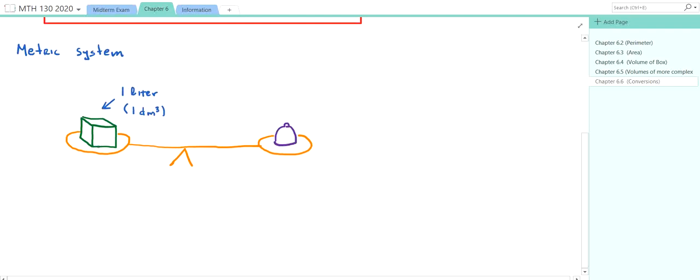This is a cube that's 1 decimeter by 1 decimeter by 1 decimeter. A cubic decimeter is a liter, and 1 liter weighs the same as 1 kilogram.